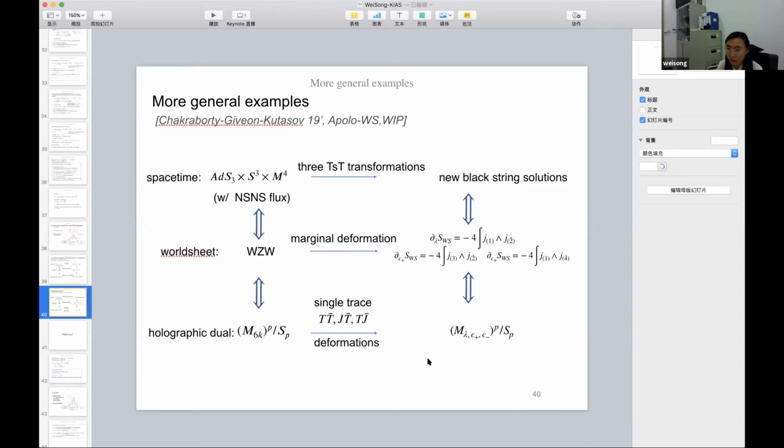Any other question? So I have one question. Do you have some higher dimensional analogy of these relations, like AdS4, CFT3, and probably world volume theory on two branes?